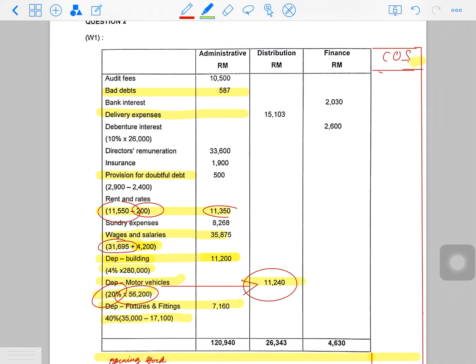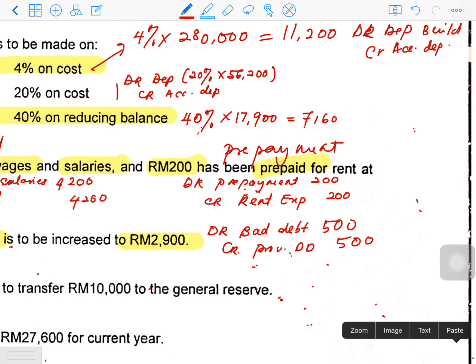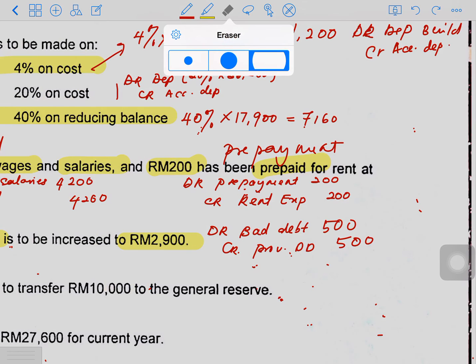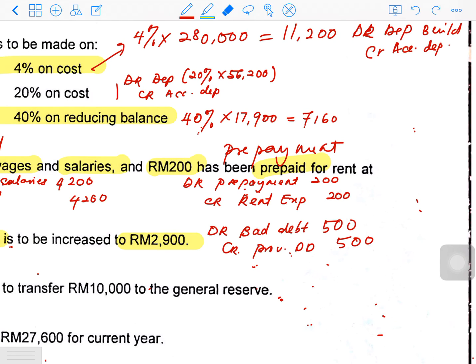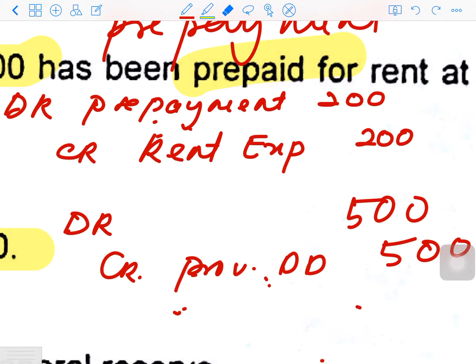So here the increase is 500. So here they put the increase in provision for doubtful debt here. Provision for doubtful debt 500.